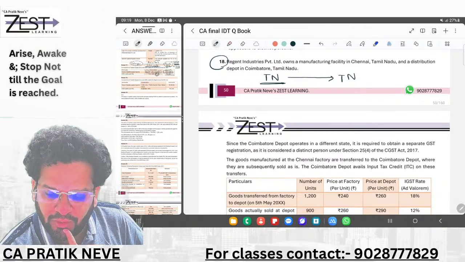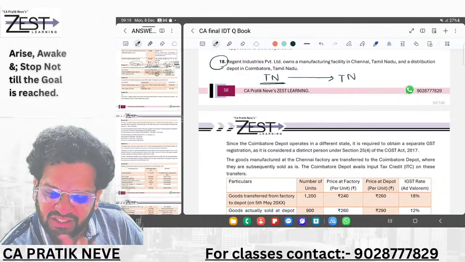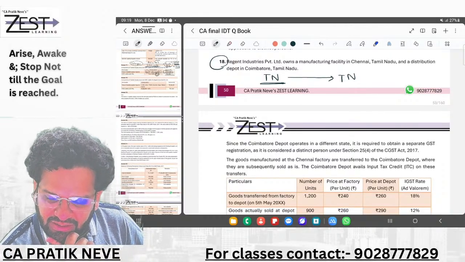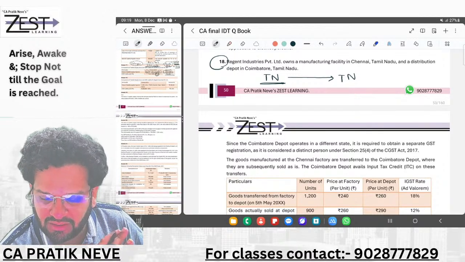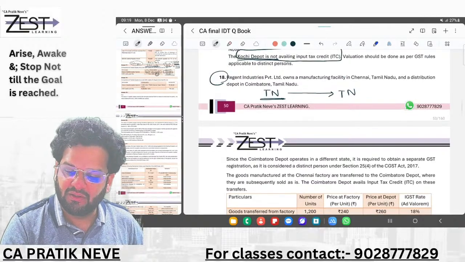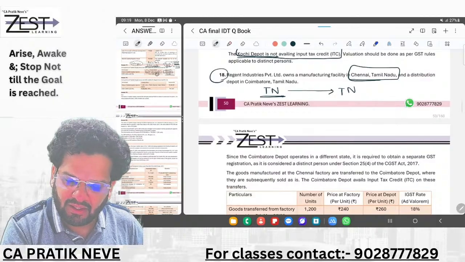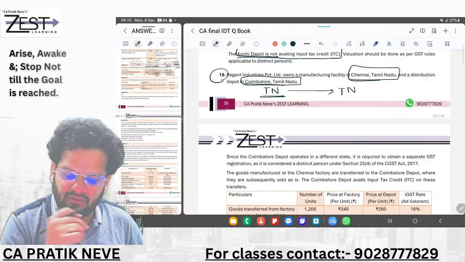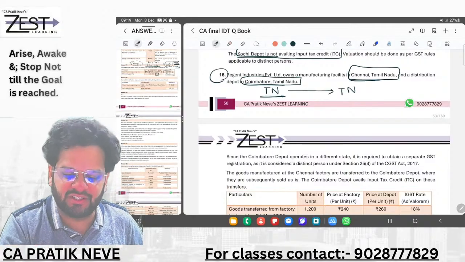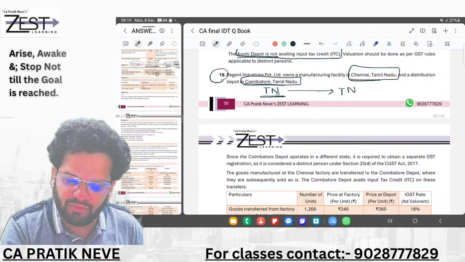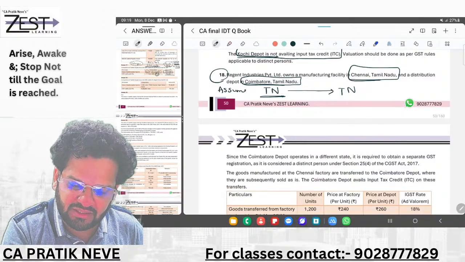Since the Coimbatore depot operates in a different state, it is required to obtain separate GST registration. Assume they are in different states. Chennai TN and distribution in Coimbatore TN. So actually same state, but for the moment assume they are in different states. Then only the question makes sense.